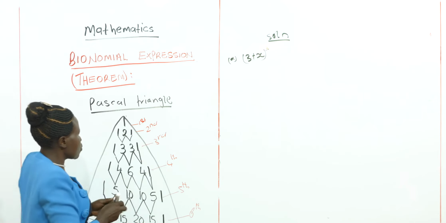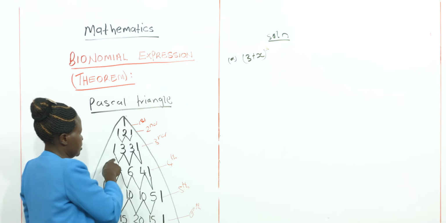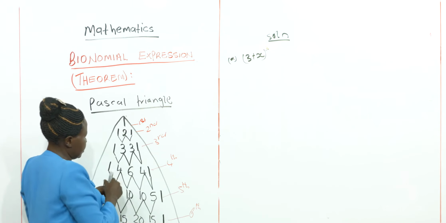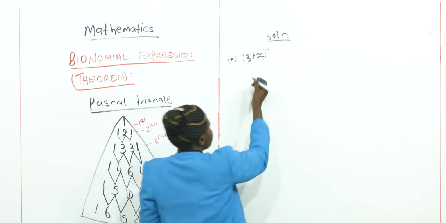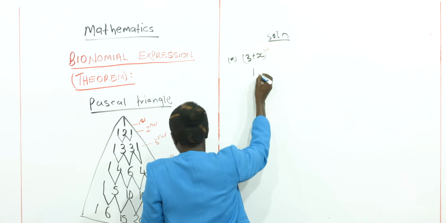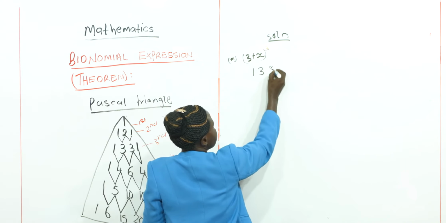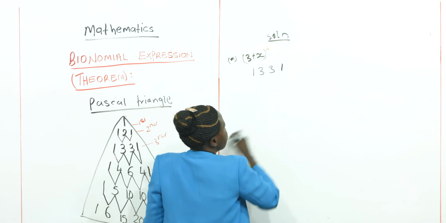So you come to your Pascal triangle here, check where the line 3 is. So the line 3 is in this part here, which is the third one. So you list all those elements, that is 1, 3, 3, and 1.